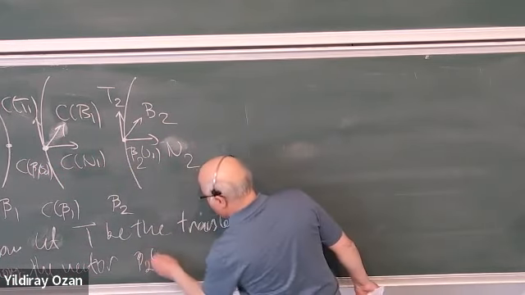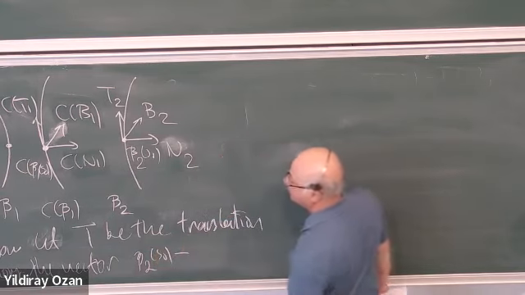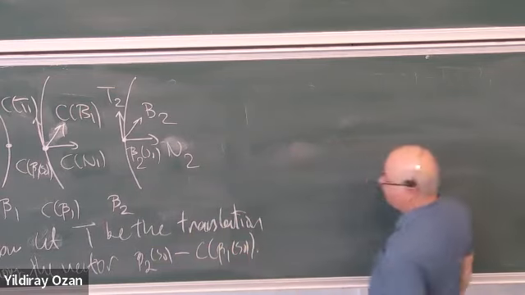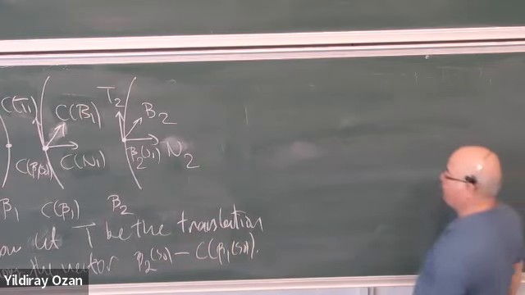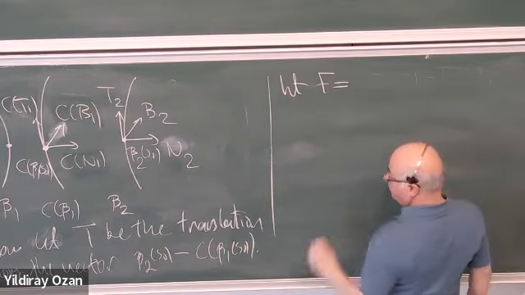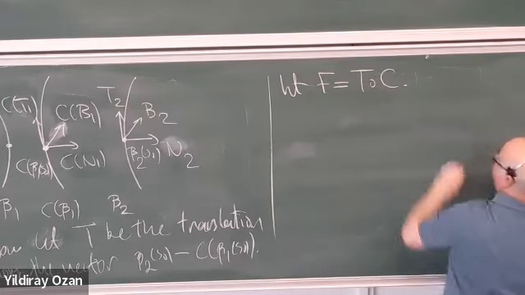Beta 2 of S0 minus C of beta 1 of S0, okay? Let F be the composition, which is just T composition C.